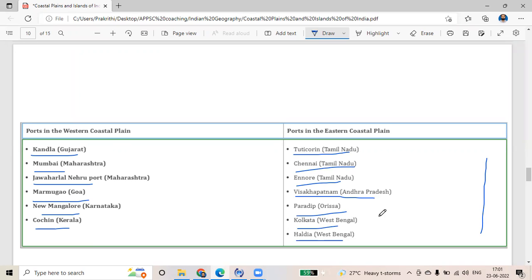These are the important ports in the eastern coastal plains of India. You have to remember all these names. They can ask which is the northernmost port of the western coastal plain. They can ask that.